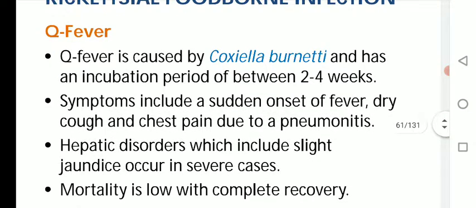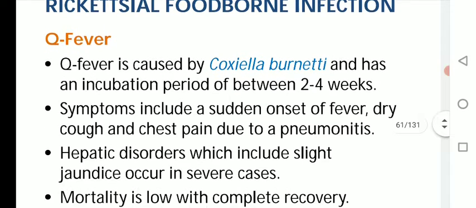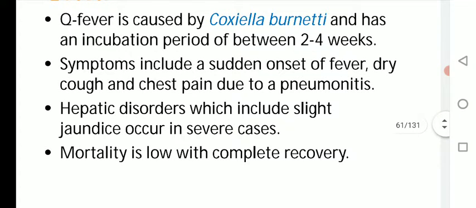So, Q fever is again an important foodborne illness, and that is caused by Coxiella burnetii and has an incubation period of 2 to 4 weeks. It is mostly caused by consumption of unpasteurized or raw milk, and symptoms include sudden onset of fever, then dry cough and chest pain due to pneumonitis, and hepatic disorders which include slight jaundice occur in severe cases, and mortality is low with complete recovery.